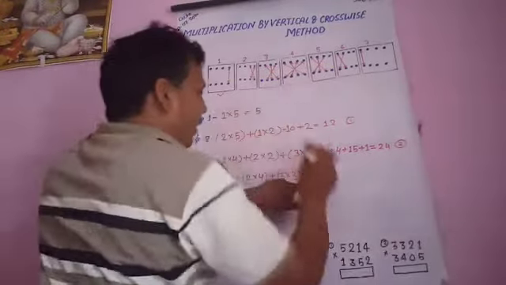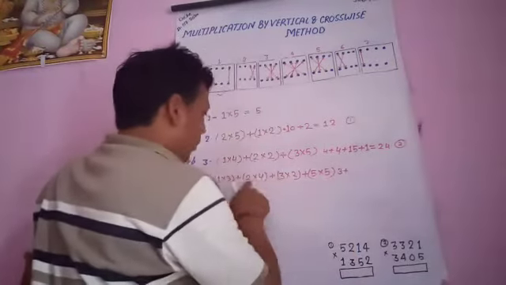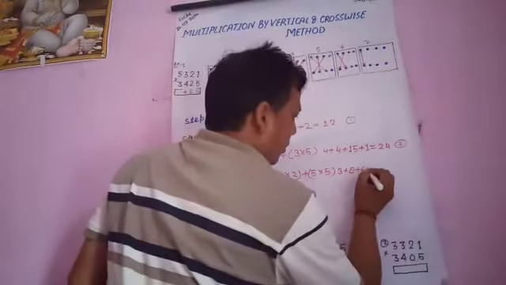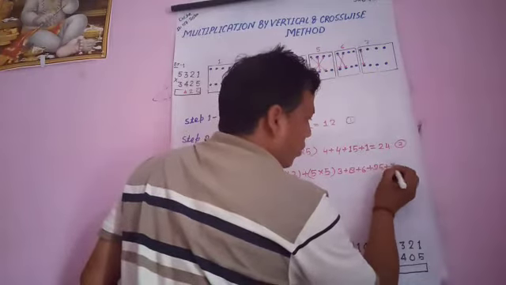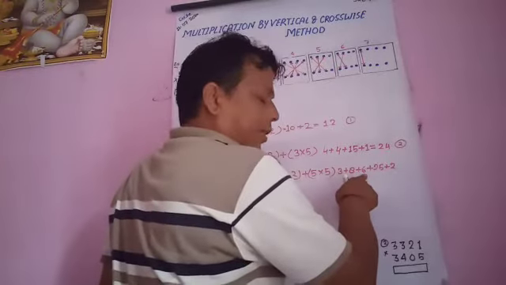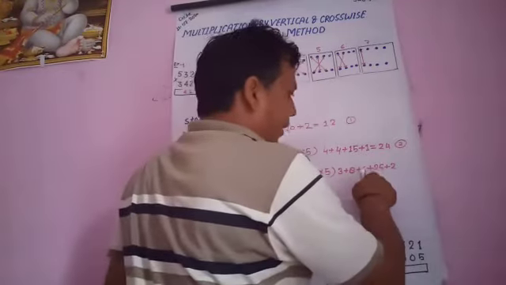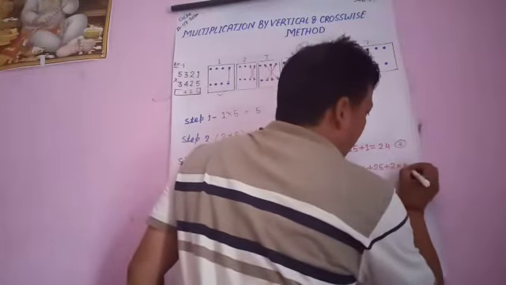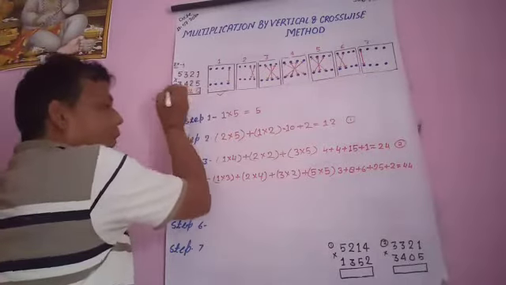So 1 three is 3, plus 4 twos are 8, plus 3 twos are 6, plus 5 fives are 25, and the previous number's carry is 2, right? So 3 and 8 is 11, 11 plus 6 is 17, 17 plus 25 is 42, and 42 plus 2 is equal to 44. 44, write 4 and carry 4.